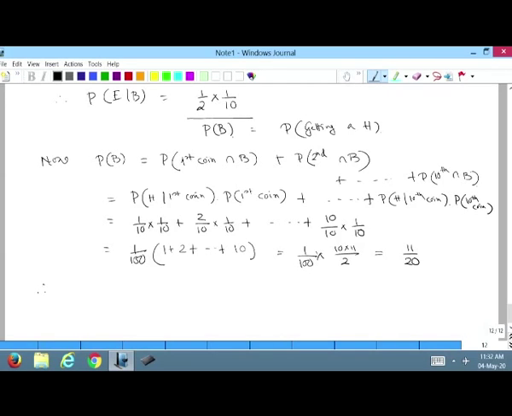Therefore, probability of E given B is equal to, from here we get, 1 upon 20 divided by 11 upon 20, which is equal to 1 upon 11. So, that is the answer that we get by applying Bayes' theorem.